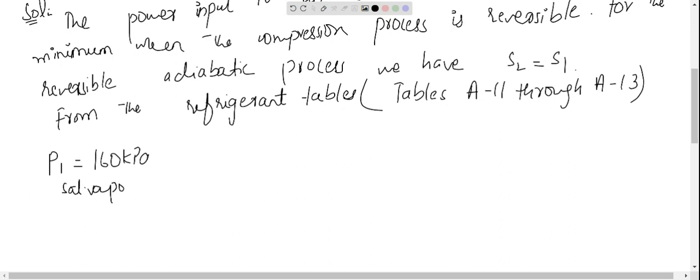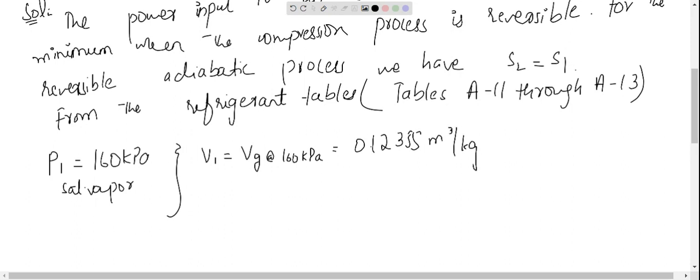So V1 equals Vg at 160 kilopascal, which is equal to 0.12355 cubic meter per kg.